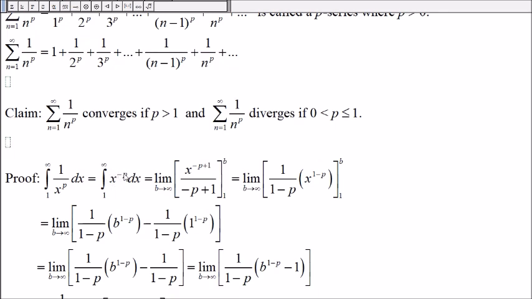The antiderivative of x to the negative p: add 1 to the exponent, and so we get x to the negative p plus 1, and then divide by negative p plus 1. Negative p plus 1 is the same as 1 minus p. So we write negative p plus 1 as 1 minus p. And then we evaluate from 1 to b.